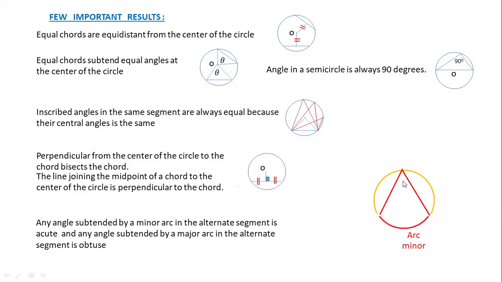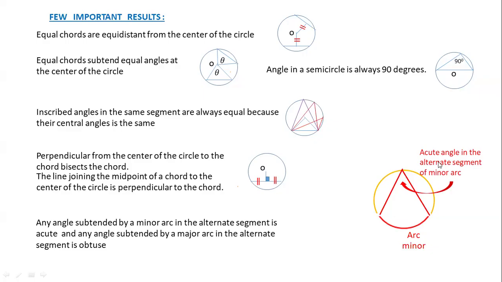This angle is an acute angle. It's in the opposite or alternate segment. So this is your alternate segment, and the angle in the alternate segment of a minor arc is acute.